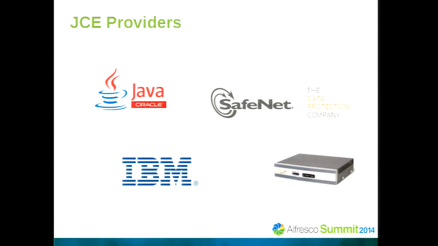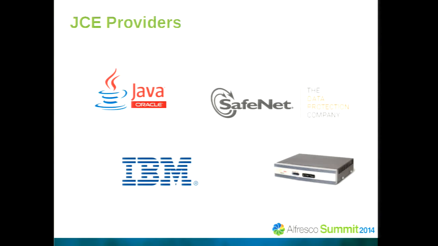You have to download another file for export reasons, because I guess we don't want to give other countries the ability to encrypt things better or with more strong encryption. IBM's JVM comes with its own provider, basically providing the same things. And then there's the better solution.